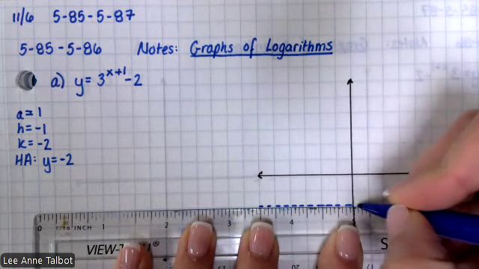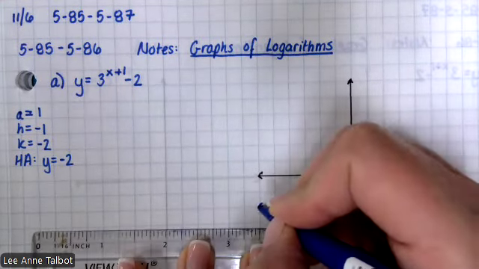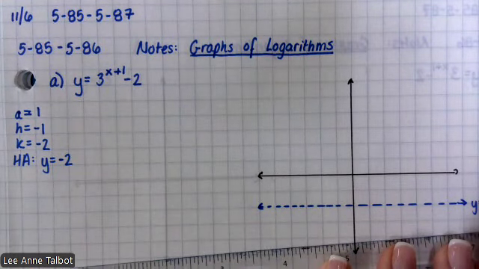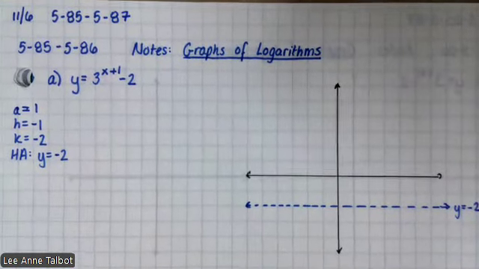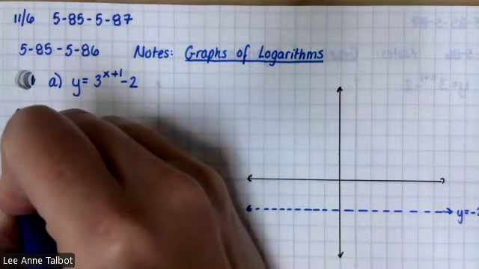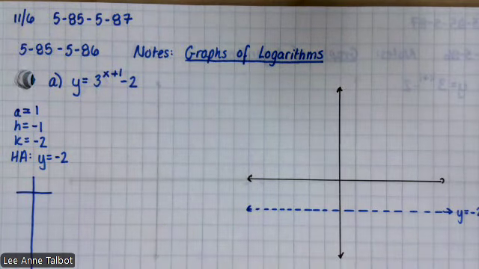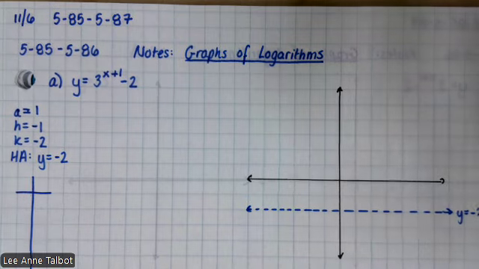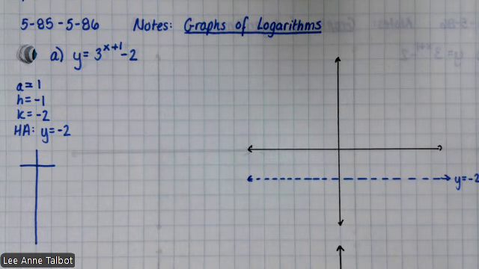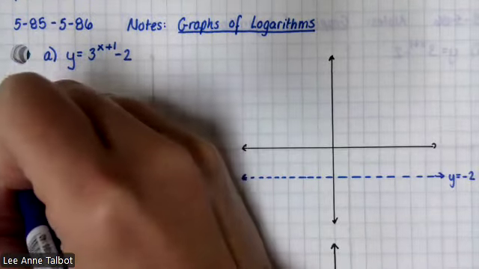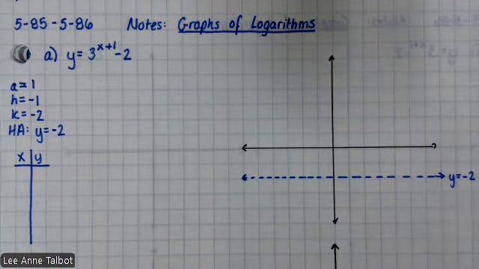Before I make the curve for the exponential, I want to sketch in my asymptote. Okay.